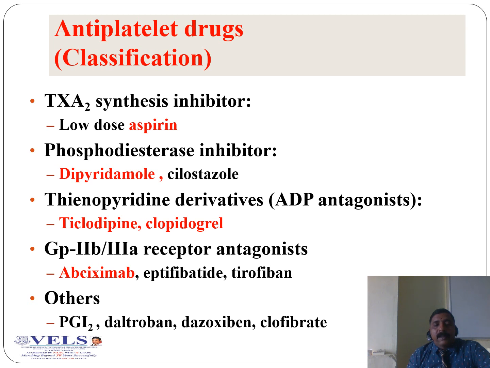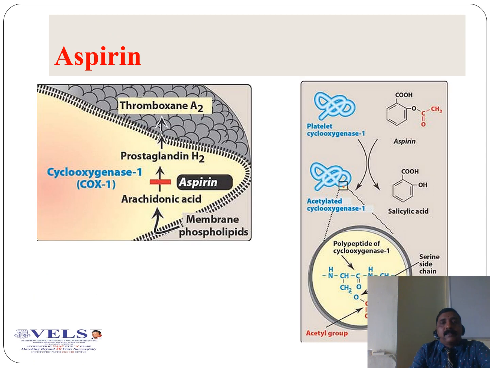Others: prostaglandin, that is PGI2, daltroban, daxoxiban, clofibrate. Daltroban is a TXA2 receptor inhibitor drug. Daxoxiban is a thromboxane synthesis inhibitor. Also, various drugs like dextran 70 and nitric oxide are used in the treatment as antiplatelets.